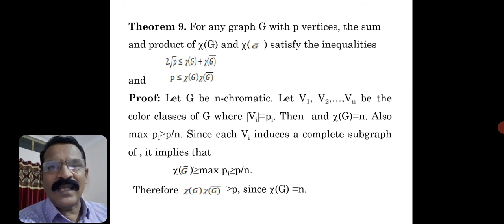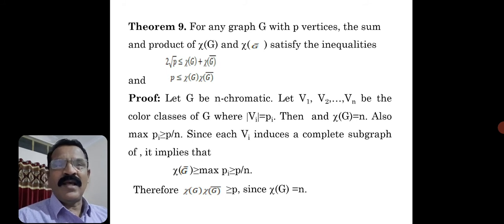When we are using n colors, it implies the vertices can be partitioned into color classes. That we have already discussed in the previous class. What do we mean by a color class? A color class is nothing but, amongst the vertices, those vertices which have the same color are grouped together.